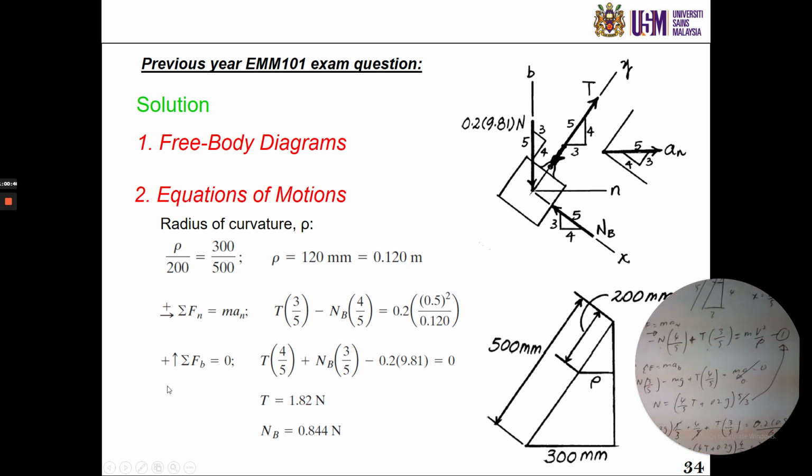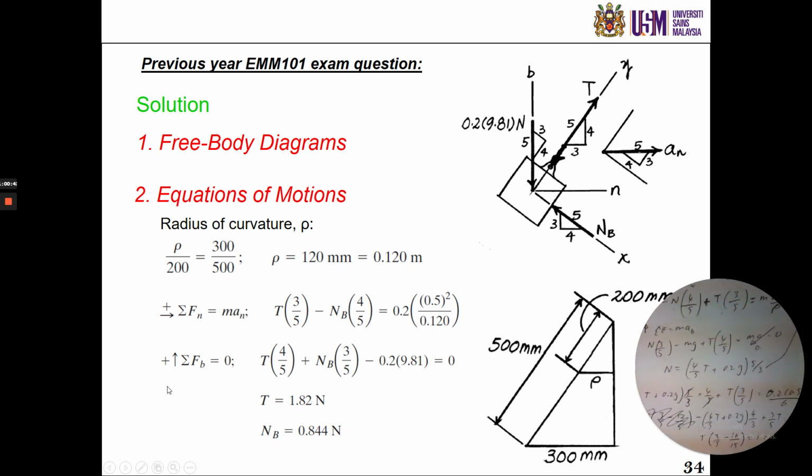And then in the b direction, plus N 3/5, and minus mg, equals to 0. Yeah, I got it right.